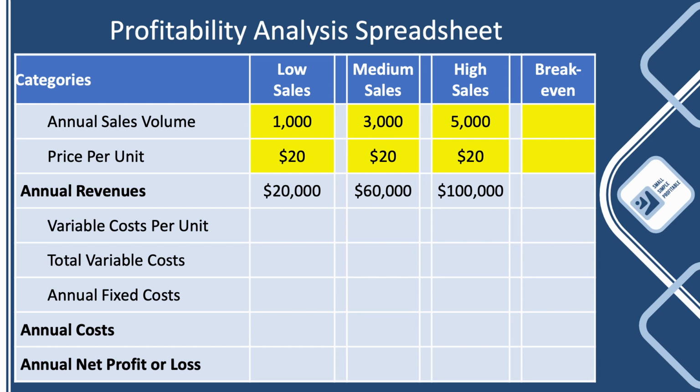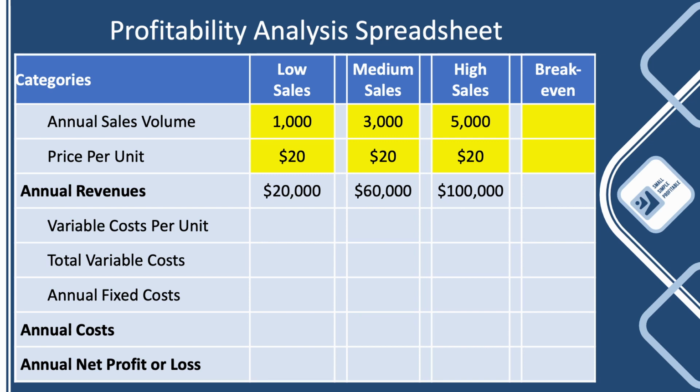In the medium sales column, a sales volume of 3,000 hours times $20 an hour will equal $60,000 in annual revenue for the year. In the high sales column, a sales volume of 5,000 hours times $20 an hour will equal $100,000 in annual revenue for the year.